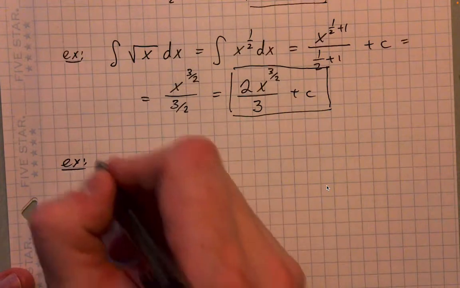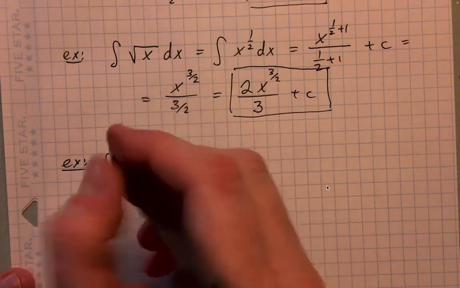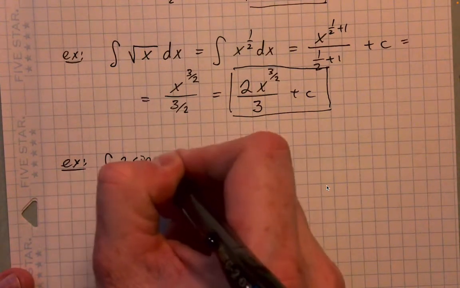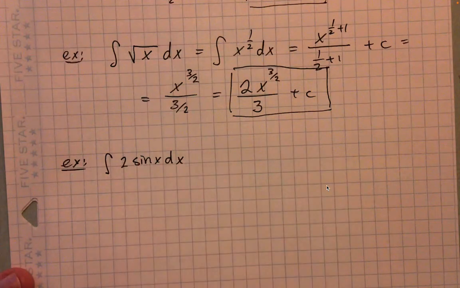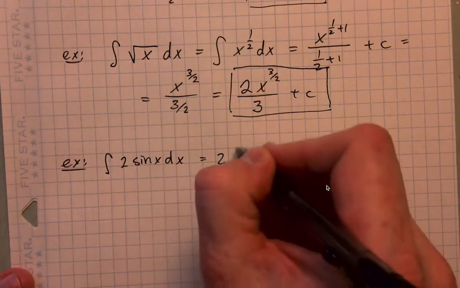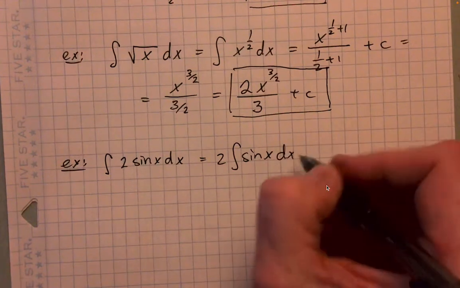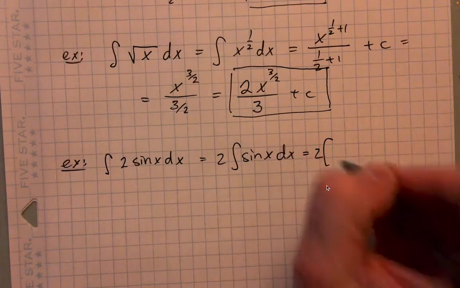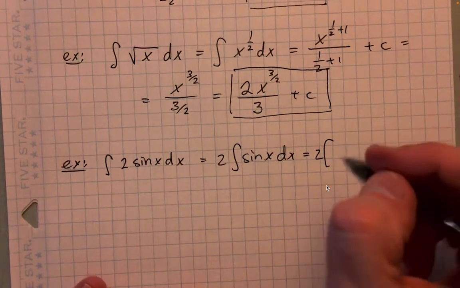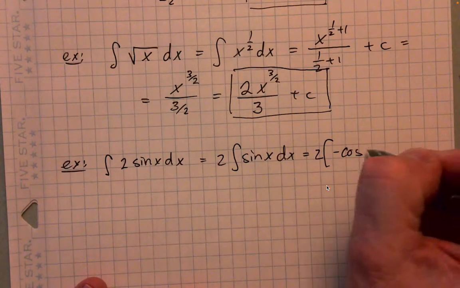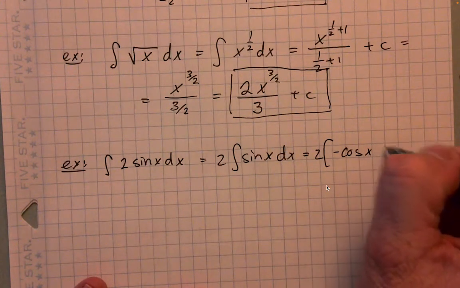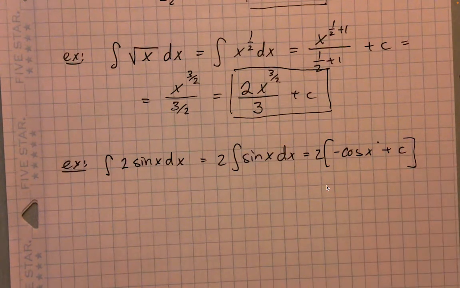What about the integral of 2 times the sine of x? Here we can pull the 2 out, and so it's just 2 times the integral of sine of x dx. And we know the integral of sine is negative cosine plus the constant, of course.